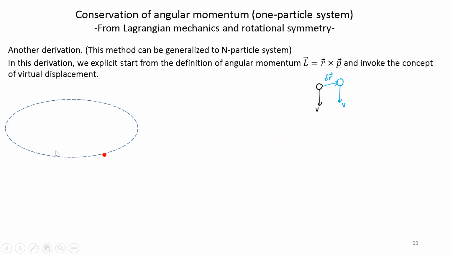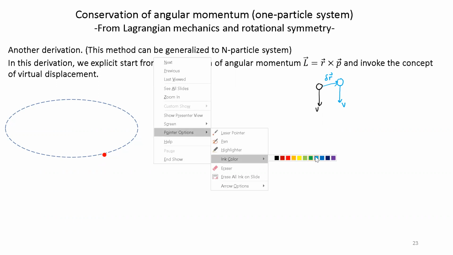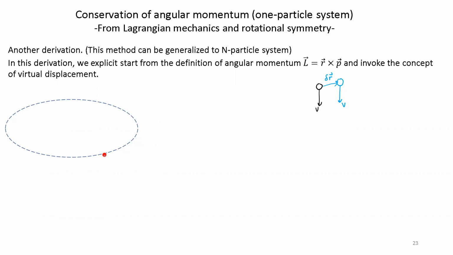If you now look at this picture over here, again I have a particle right here, and this particle can have any velocity. I'm drawing this circle, but I'm not necessarily saying that this particle is doing a circular motion. At a particular time, it can take a velocity, for example, like this.